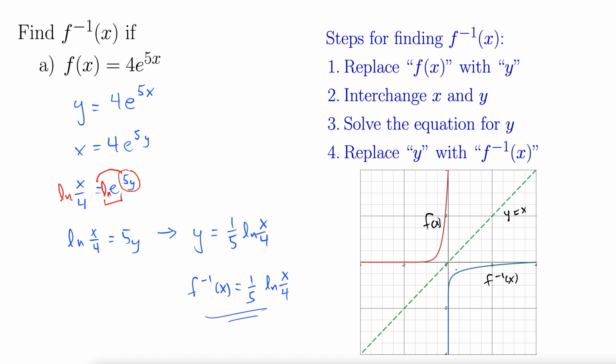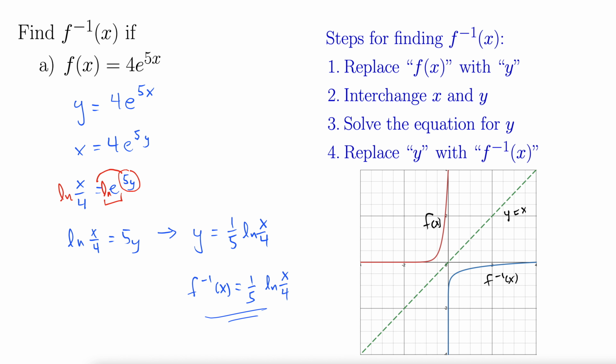It's a very nice thing, meaning if I folded across this green line, y equals x, the function and its inverse would perfectly line up on top of each other. That will always happen when you graph a function and its inverse on the same set of axes. You'll have this perfect mirror symmetry about the line y equals x.